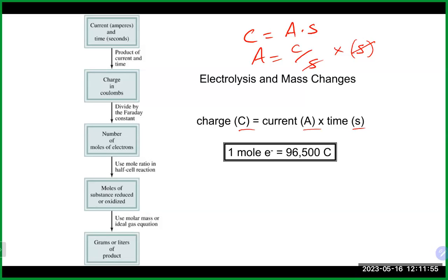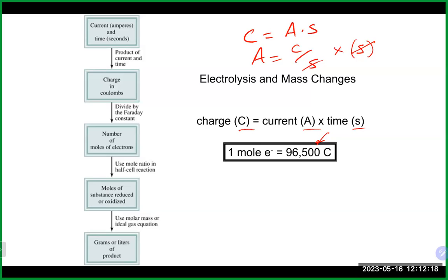Once you have the charge in coulombs, we want to figure out the number of moles of electrons there are. And that is where our friend Faraday is going to come into play. We're going to use Faraday's constant here, which is 96,500 coulombs, or 96,484 if you want to use the real number, is equal to 1 mole of electrons.